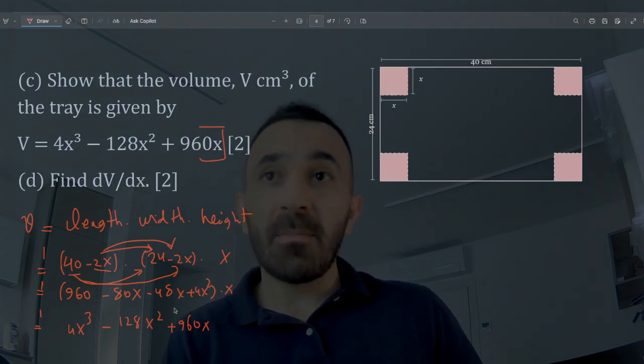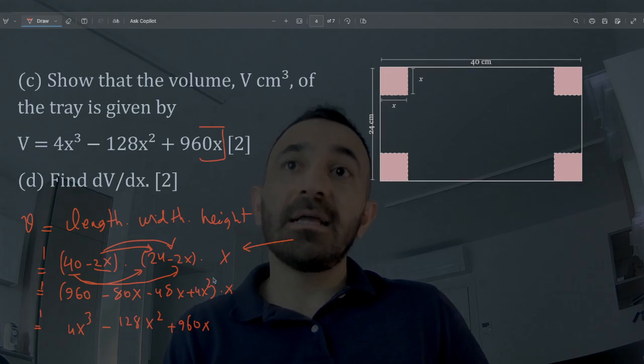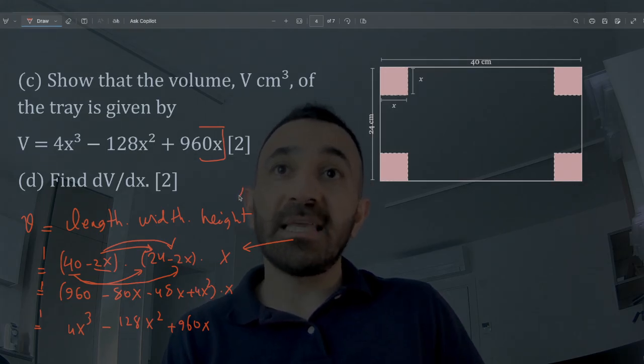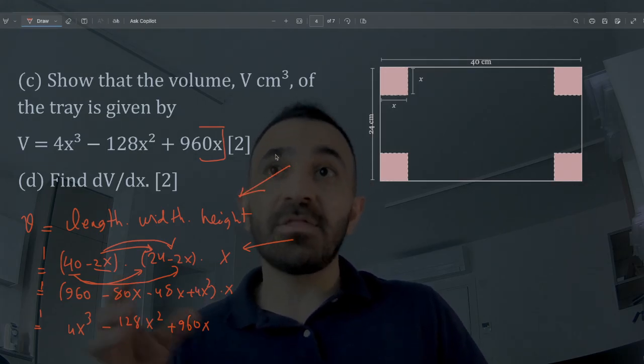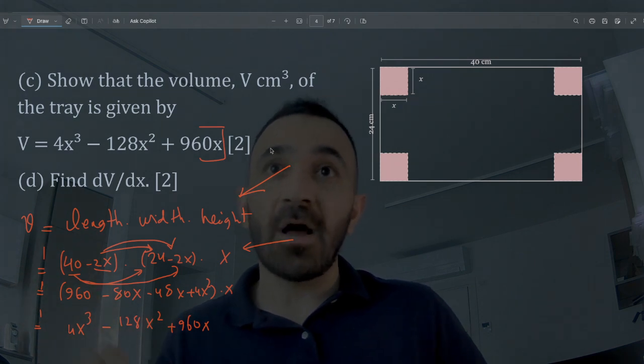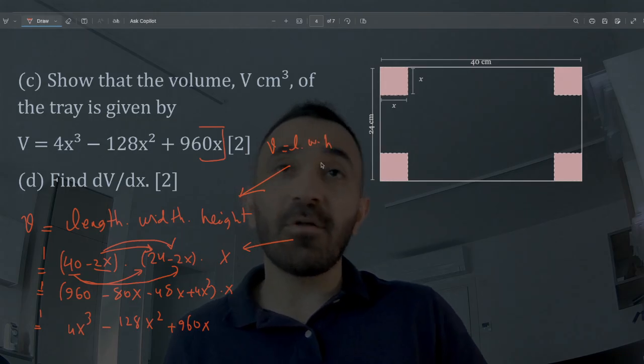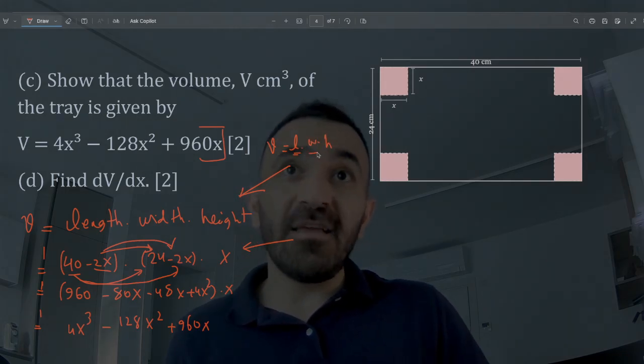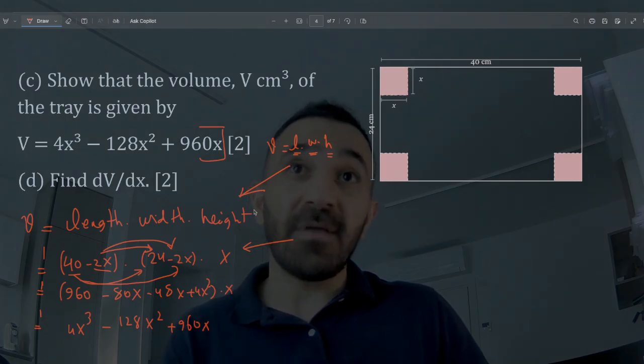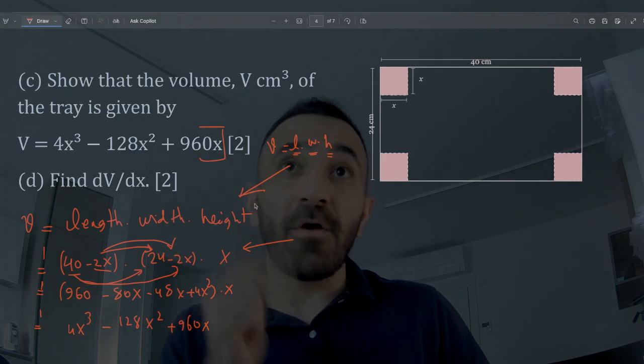Remember, here you have a function based on three variables: length, width, and height. V equals length times width times height. So you have three types of input, and you're going to get rid of two of them.